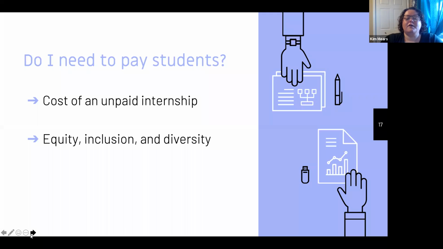So I wanted to have a little bit of conversation about why we need to pay students as they're completing this kind of work. According to CNBC, there was an article that talks about internships and how much it can cost a student when you factor in tuition, housing, transportation, meals, that kind of thing. And it's around 13,000 US dollars.